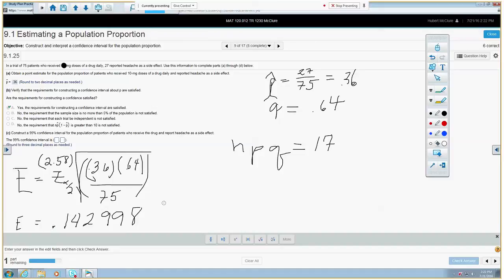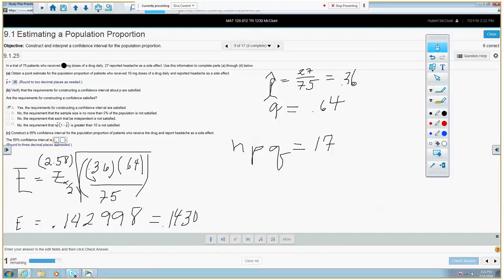Okay, so now, what are they asking for? Their P hat is 0.36. So somebody take 0.36 and subtract 0.1430. Hold on a second.